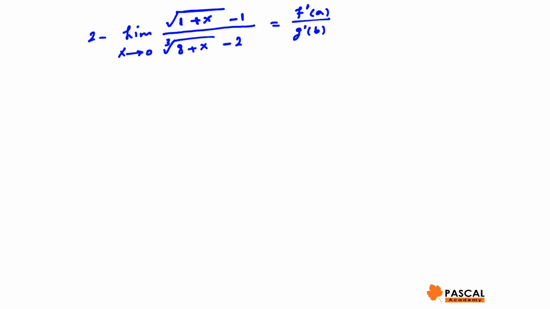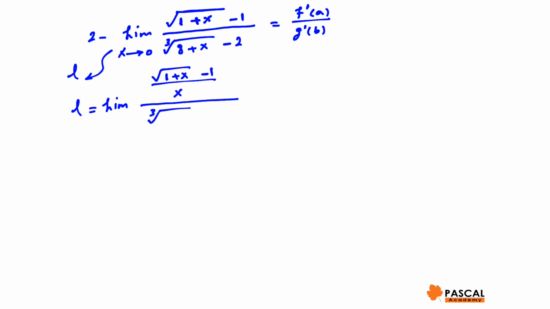If we divide both the numerator and the denominator of the given fraction by x, the limit L would be the same as the limit of square root of 1 plus x minus 1 over x, divided by cube root of 8 plus x minus 2 over x, as x approaches 0.